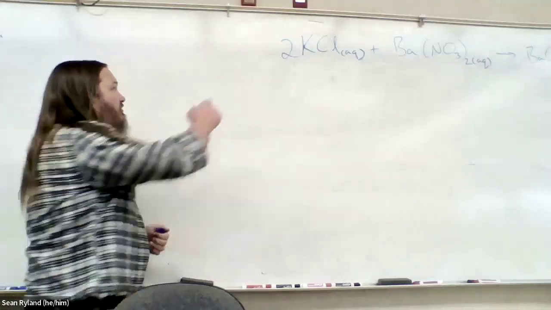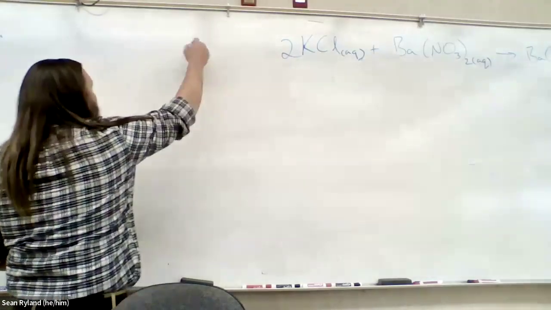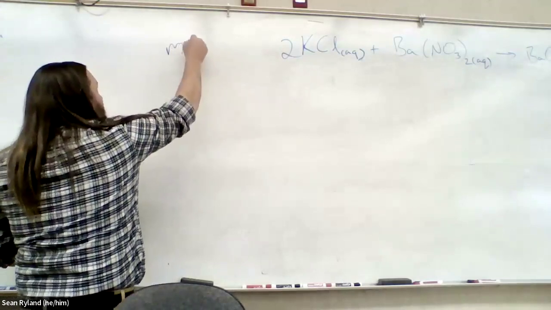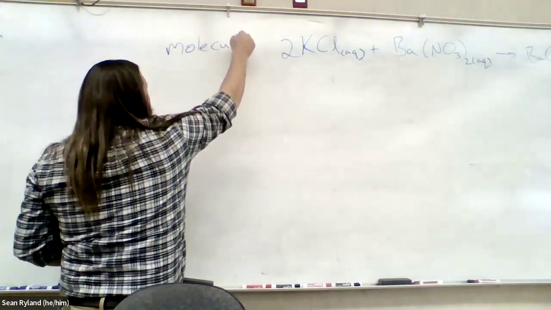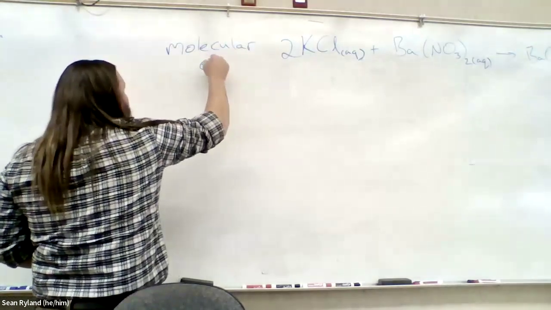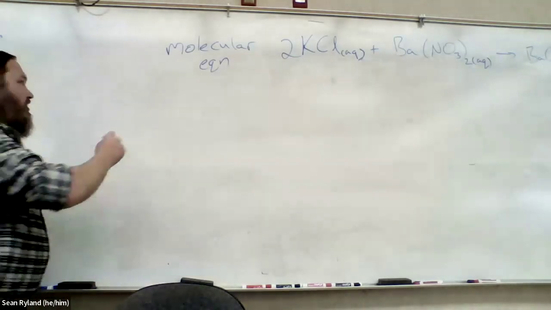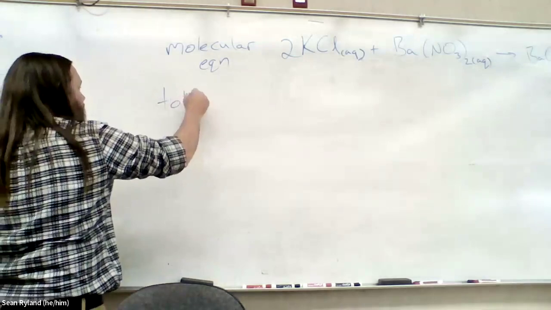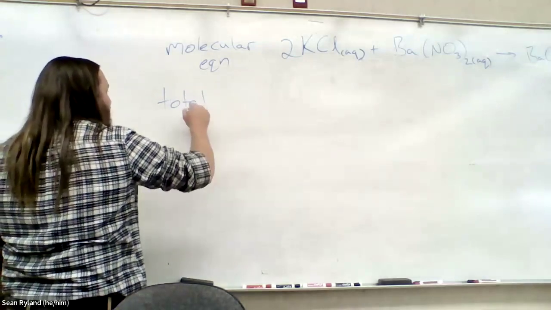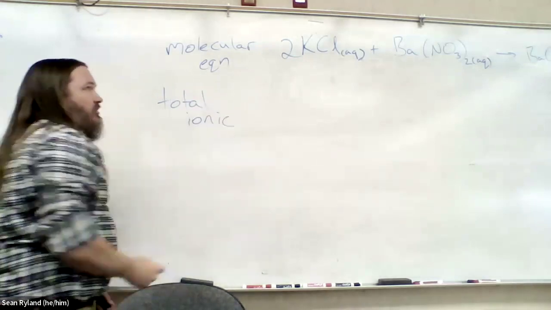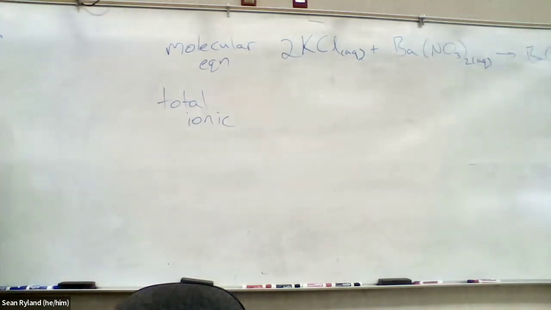So this form of writing a precipitation reaction is called the molecular equation, the molecular form. But you can also have what's called the total ionic equation, which is basically anything that's dissolved, you write as separate ions.